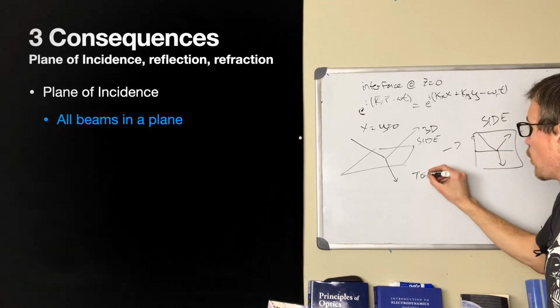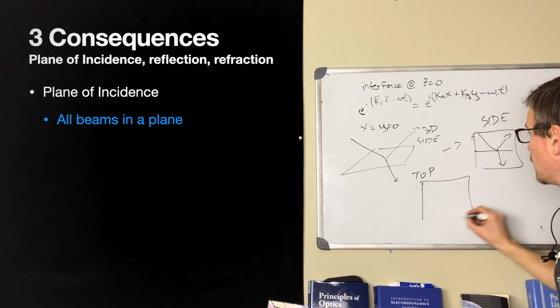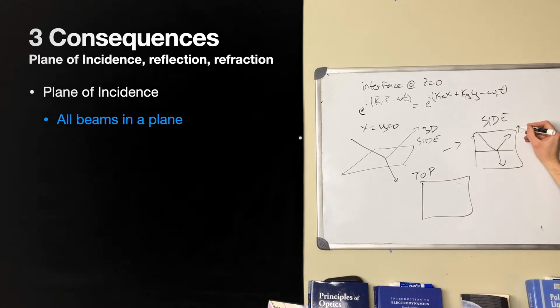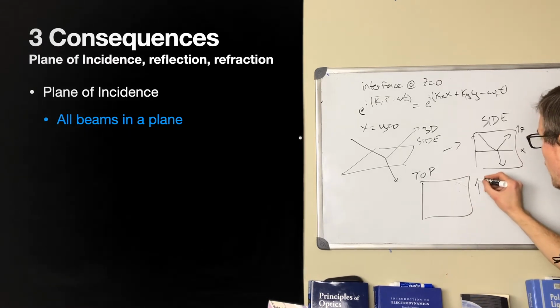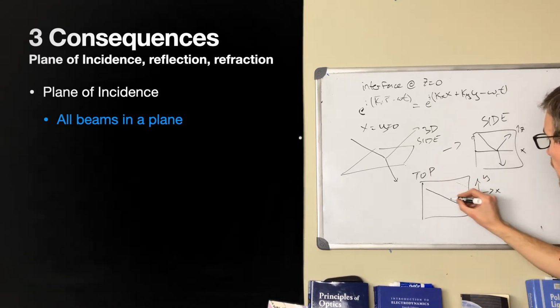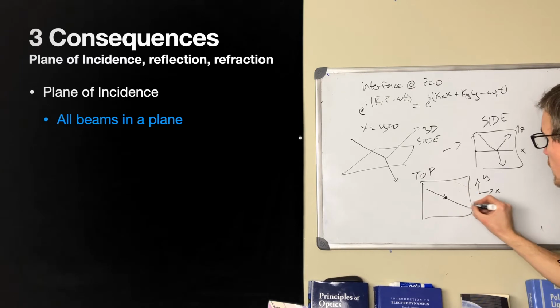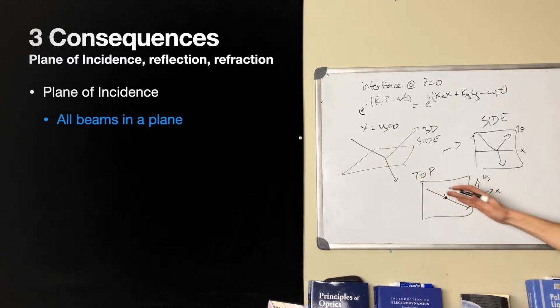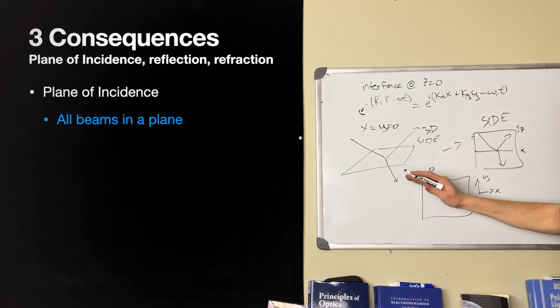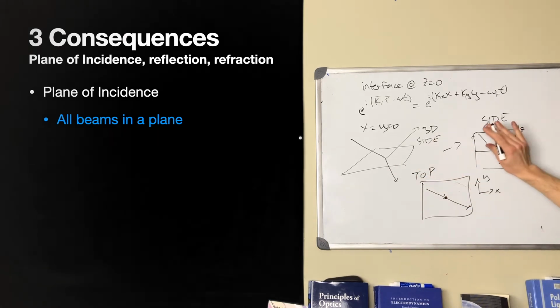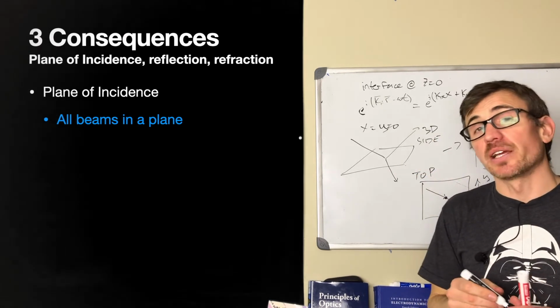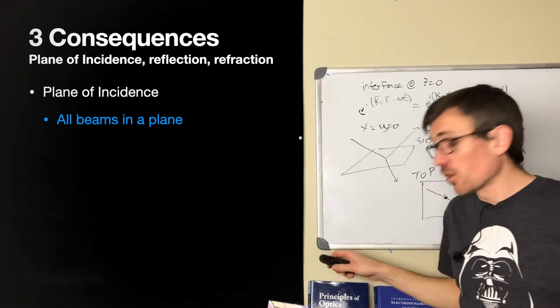If I just look from the top, in this case, by the way, this is z and, for example, x, and in the top view, this is x and y. They're all just going to be along a plane. All 3 of these rays are along a plane, which we call the plane of incidence. So all that reflection happens along a single plane. And this greatly simplifies the work we have to do.